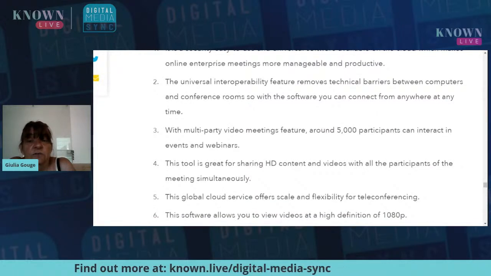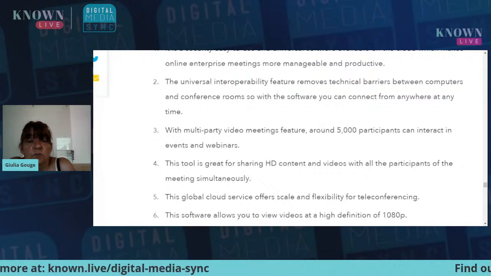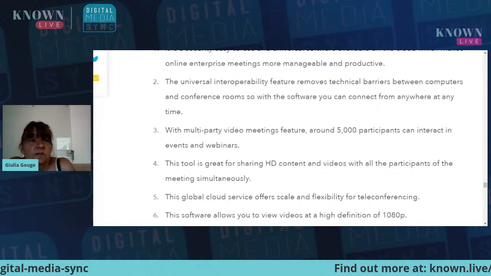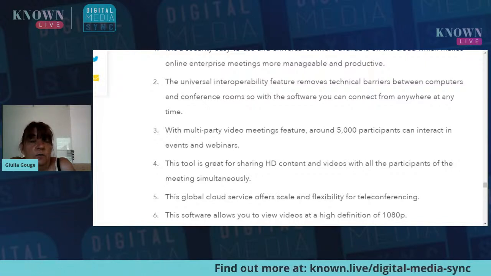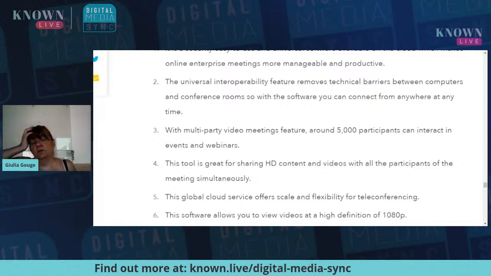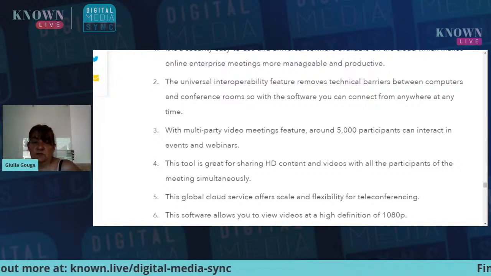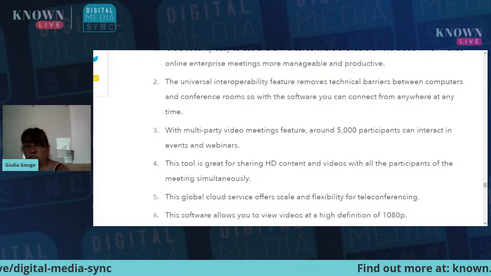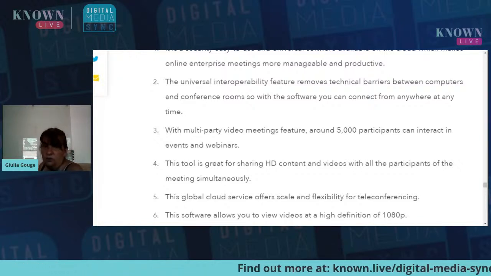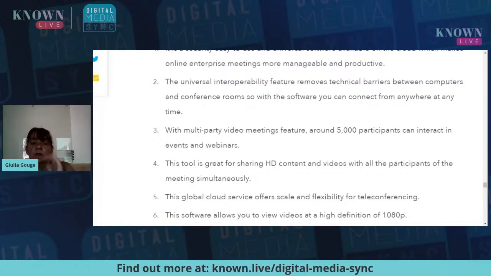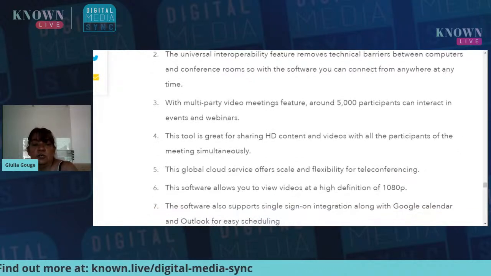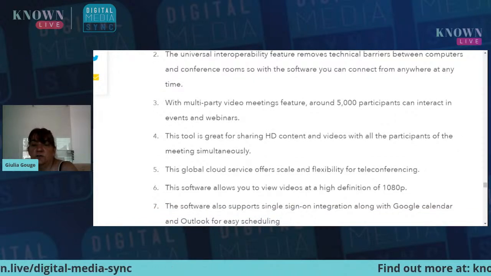Around 5,000 participants can interact in events and webinars. Okay, boom. So this is something that we haven't looked at, any kind of larger scale platforms, but this looks like it, again, checks the boxes for your larger scale platform. Great for sharing HD content and videos, which is huge.